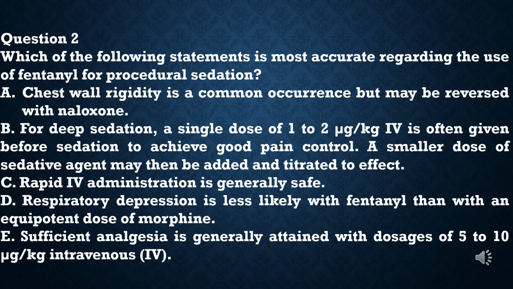A smaller dose of sedative agent may then be added and titrated to effect. C. Rapid intravenous administration is generally safe. D. Respiratory depression is less likely with fentanyl than with an equipotent dose of morphine. E. Sufficient analgesia is generally attained with dosages of 5 to 10 microgram per kg intravenous.